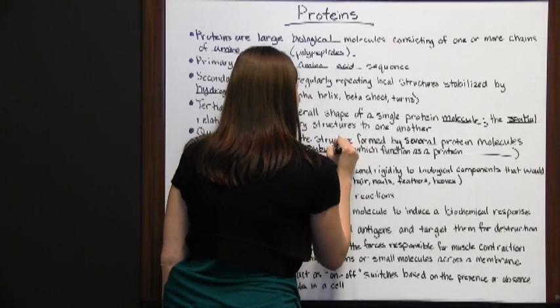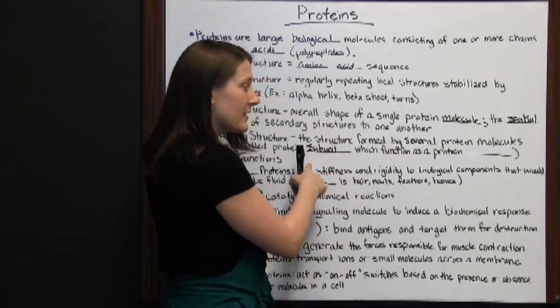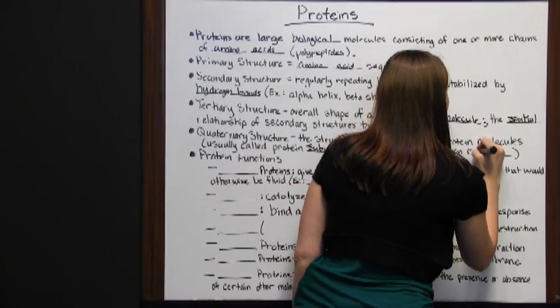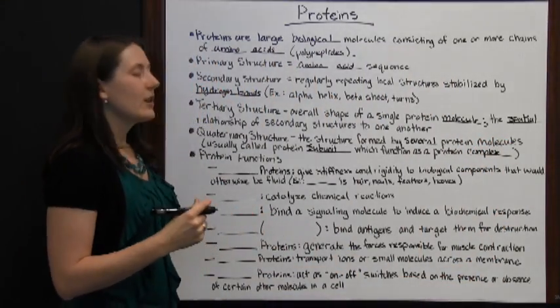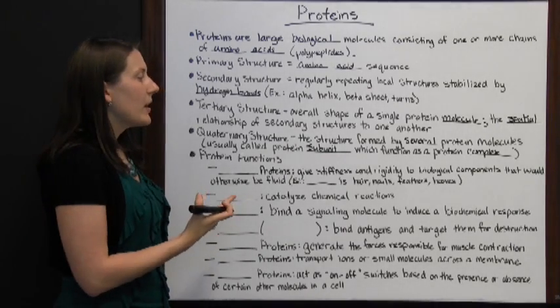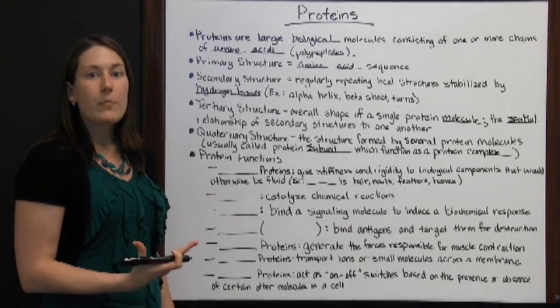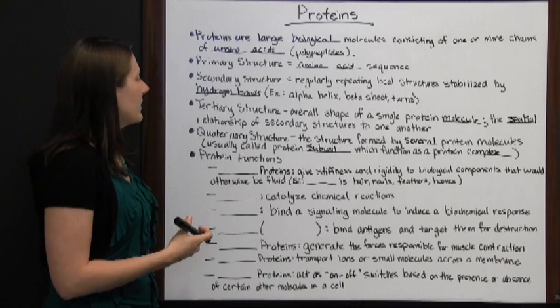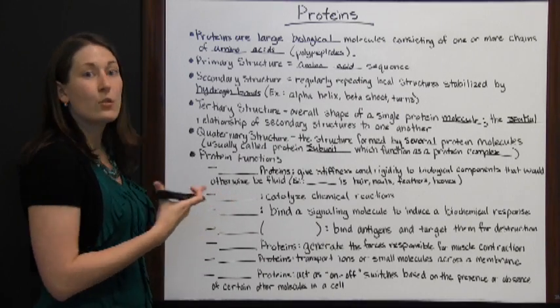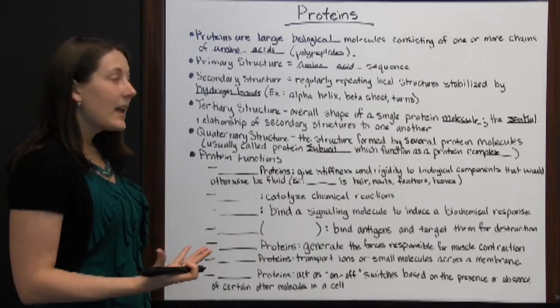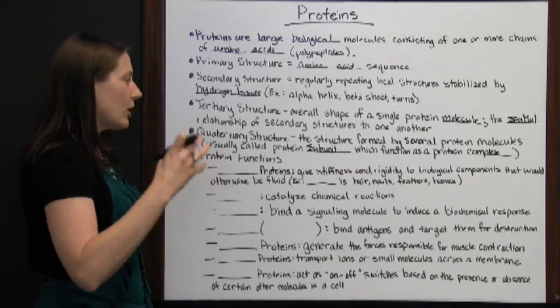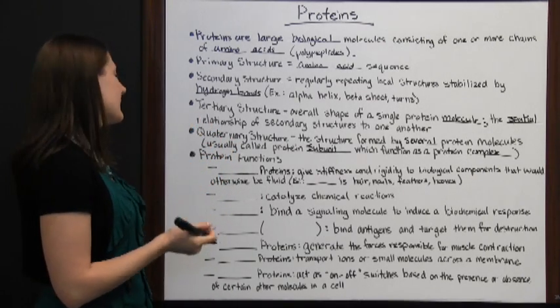So it's no longer one molecule, it's multiple molecules. So it's a subunit which functions as a protein complex. So it's going to be more complex, it's going to be able to process more complex functions. And a lot of the time what you're going to see is the quaternary structure of a protein, because you have lots of them together and they are drawn toward each other and then they bond.